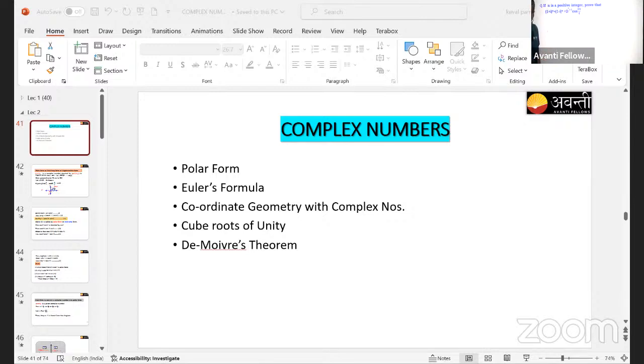Let us consider this. So 1 plus I raised to the power n. I can multiply and divide by 2 raised to the power n. So I'll get 2 raised to the power n, 1 by 2 plus 1 by 2 I.